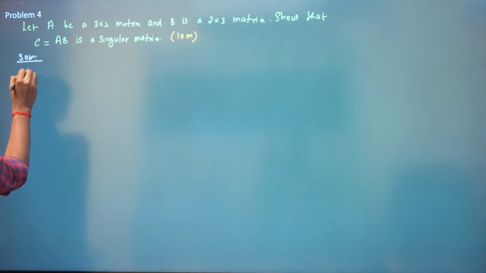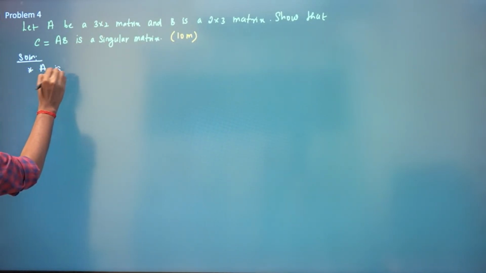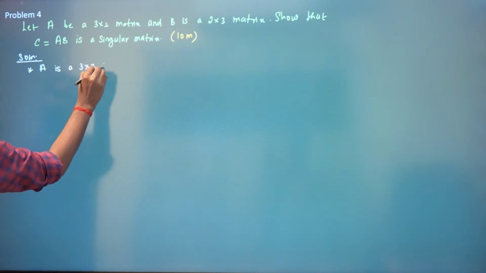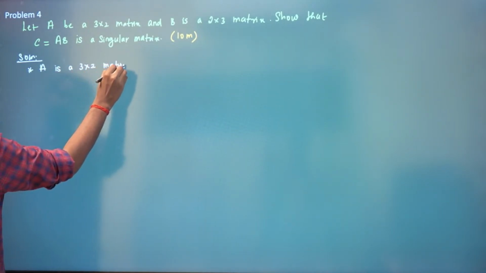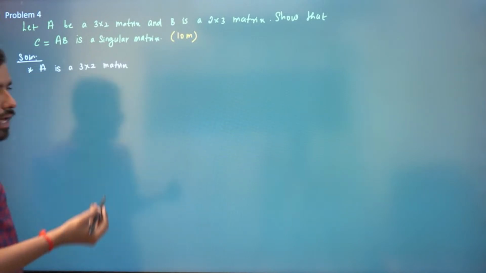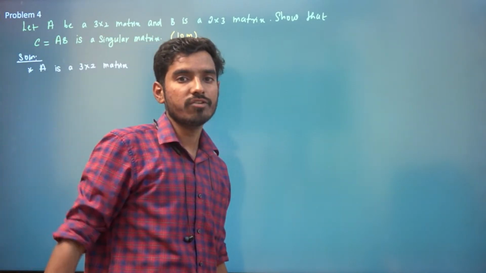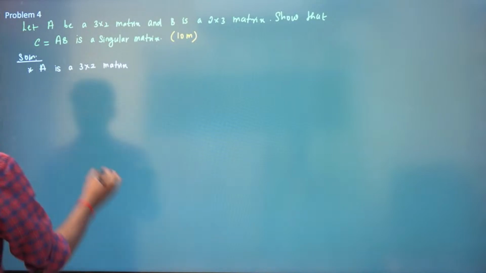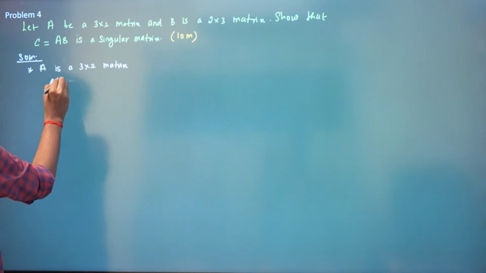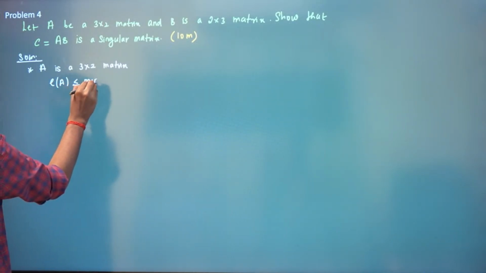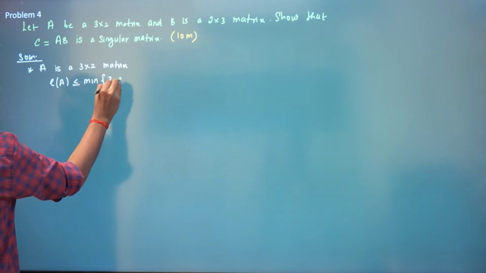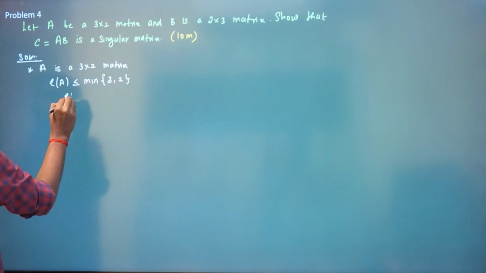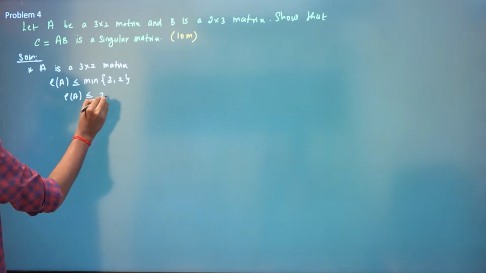A is a 3 cross 2 matrix. Now we know that rank of A is always less than or equal to minimum of m comma n. So rank of A is always less than or equal to minimum of 3 comma 2, so rank of A is always less than or equal to 2.